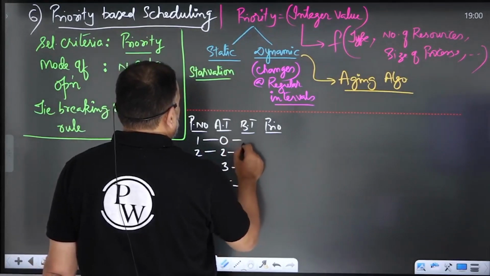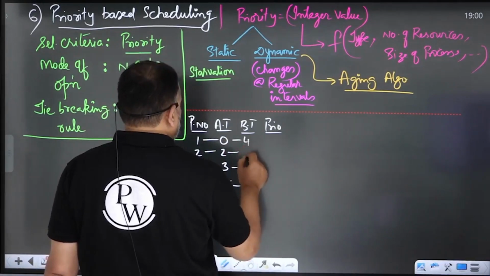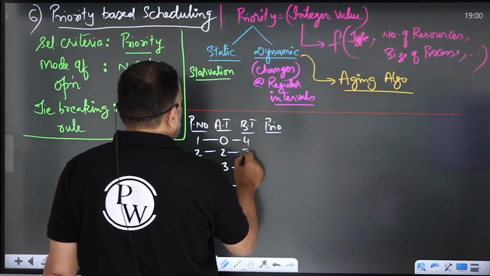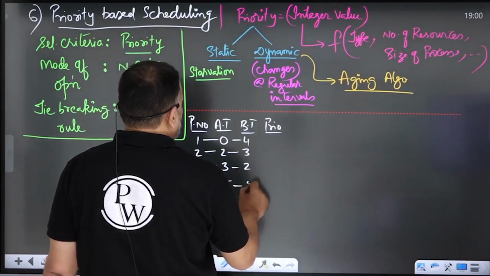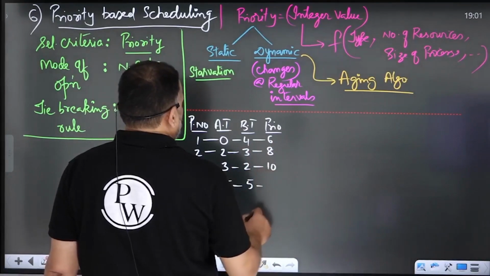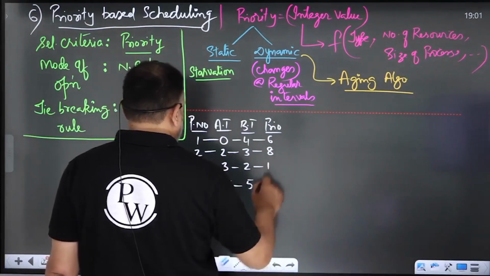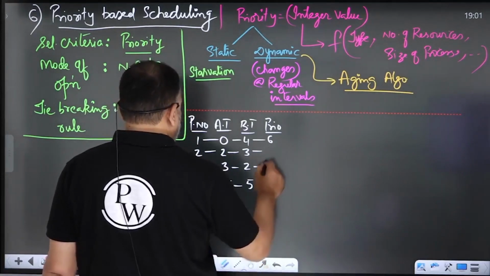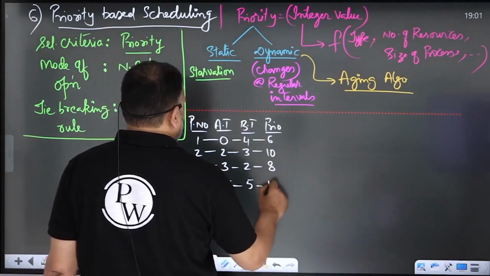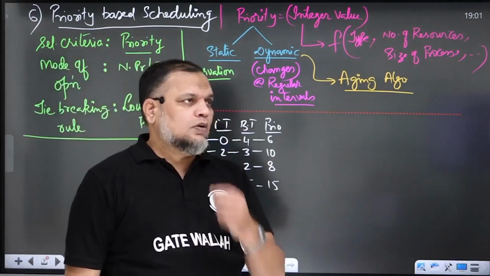Burst time, let us say 6, 4, 3, 2, and priority 5, 6, 8, 10, or I will reverse it. Higher number, higher priority, lower number, lower priority.